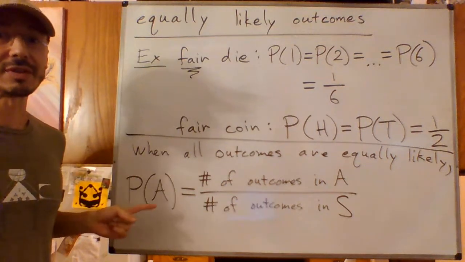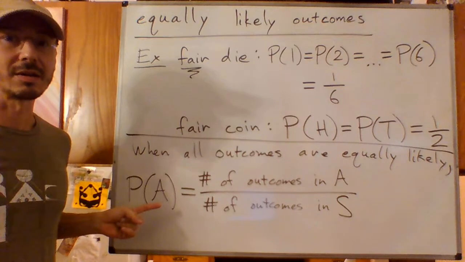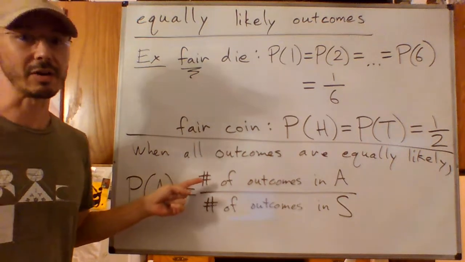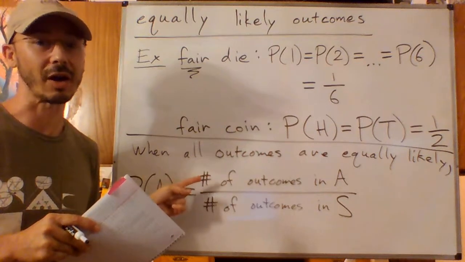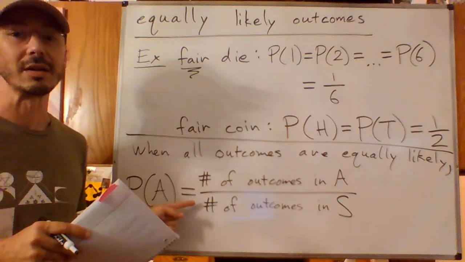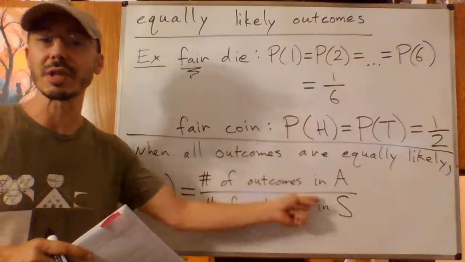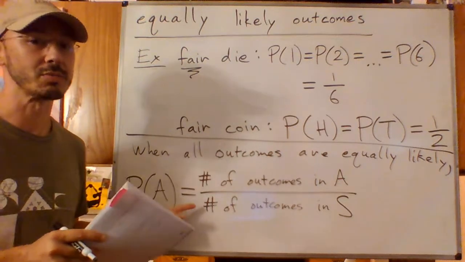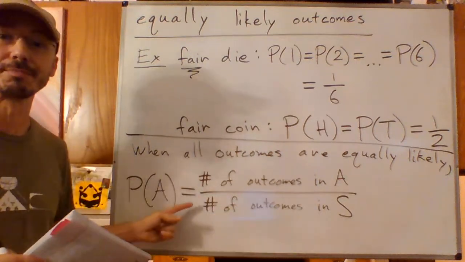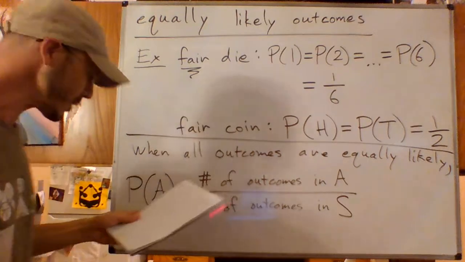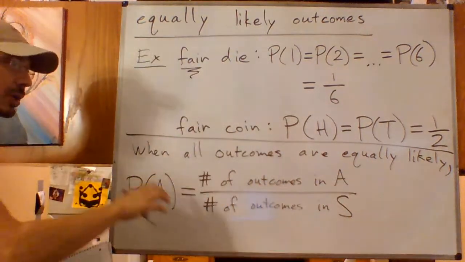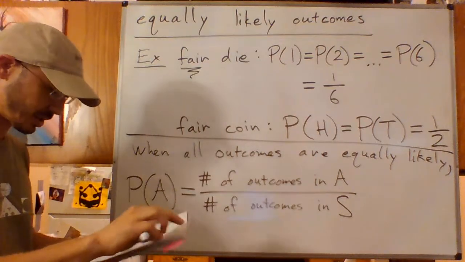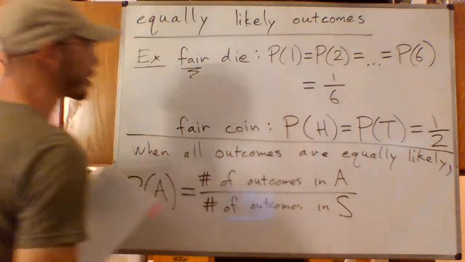The probability of an event A is the number of outcomes in A. It doesn't matter which ones there are, it just matters how many there are, divided by the number of outcomes in the whole sample space. This works for equally likely outcomes, but it is a good place to start for studying that number that represents the probability.